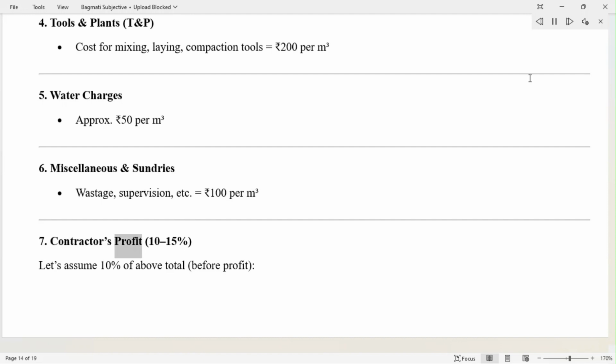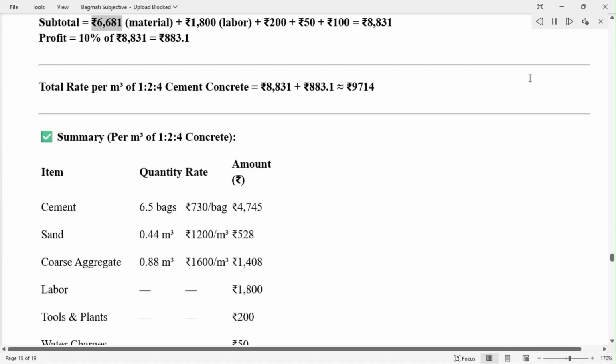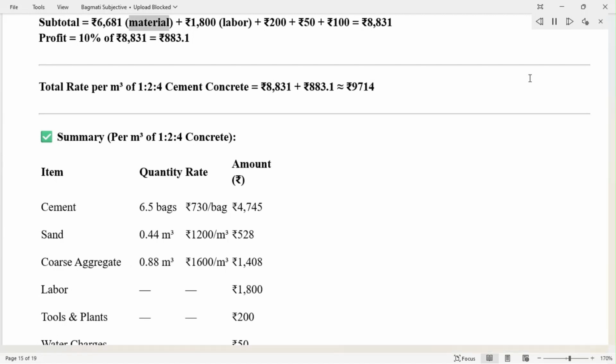7. Contractor's profit, 10 to 15%. Let's assume 10% of the above total, before profit. Subtotal equals 6,681 rupees material, plus 1,800 labor, plus 200, plus 50, plus 100, equals 8,831 rupees.